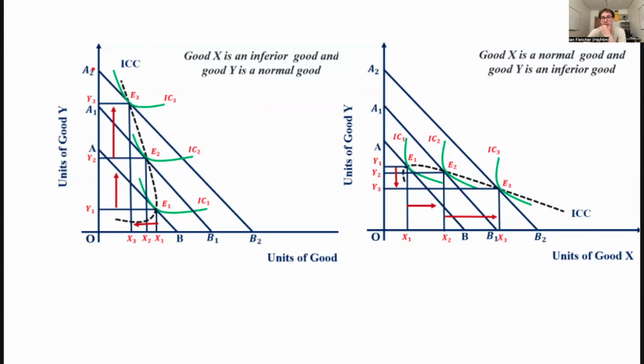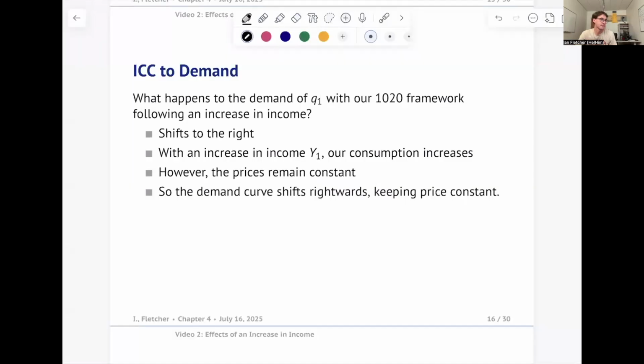Let's come back to the notes. And what we have now is we should be able to derive a demand curve from our ICC. So what happens to the demand of Q1 with our 1020 framework? What follows an increase in income? Well, we know that our budget line should shift to the right.